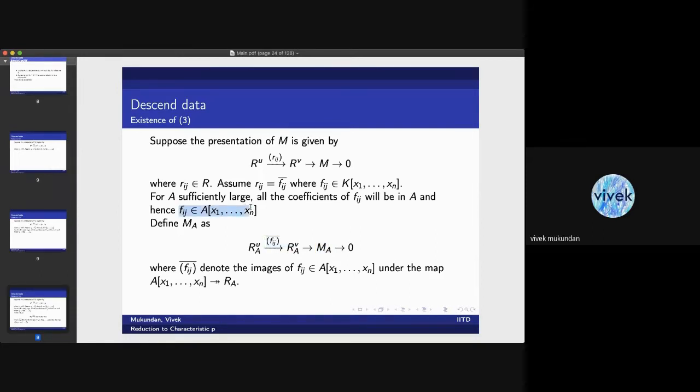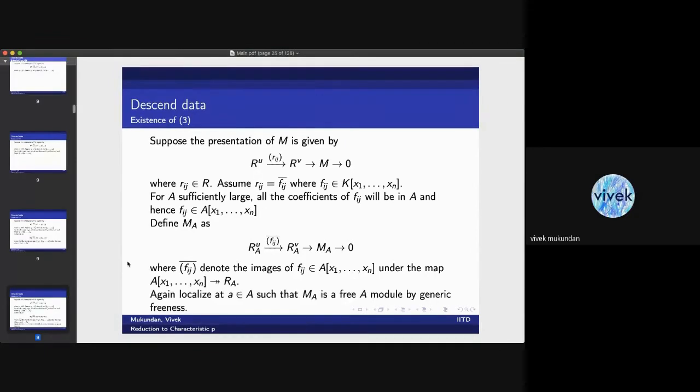Remember that the Fij are in A adjoin X1 up to Xn because we attached all the coefficients of Fij to A. We made A essentially bigger. And this image and this image are different. This is looking at the image as a quotient of K adjoin X1 up to Xn, whereas this image is looking at the quotient of A adjoin X1 up to Xn. So this is how you can descend your module M to MA.